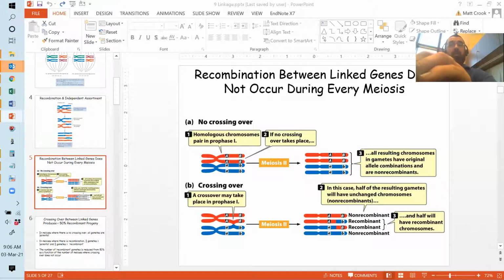and again, recombination is random. Not RNA, sorry, I got my A's and N's the wrong way around. Essentially the actual mechanistic basis for this is that recombination is random.